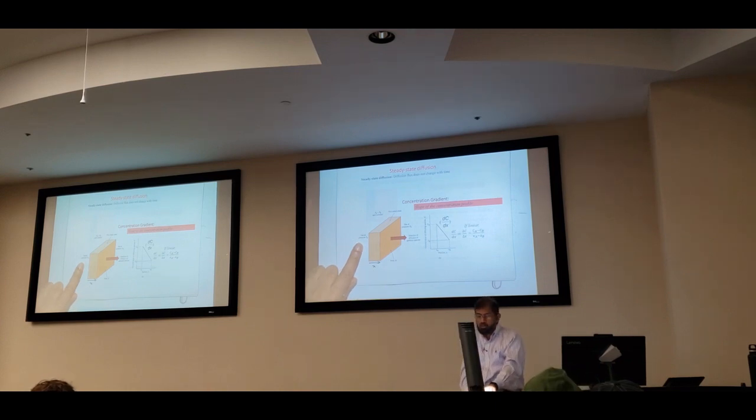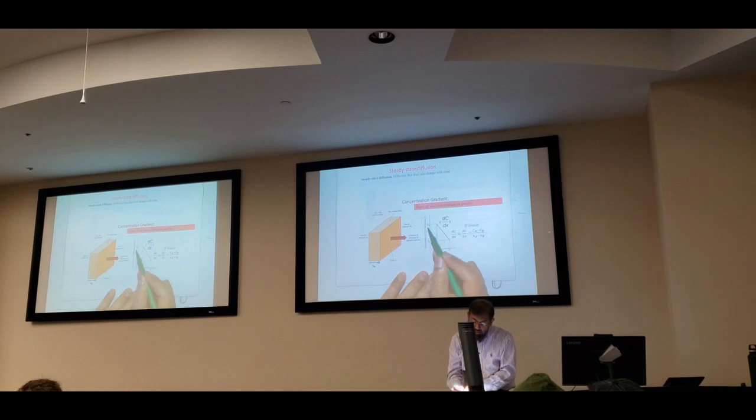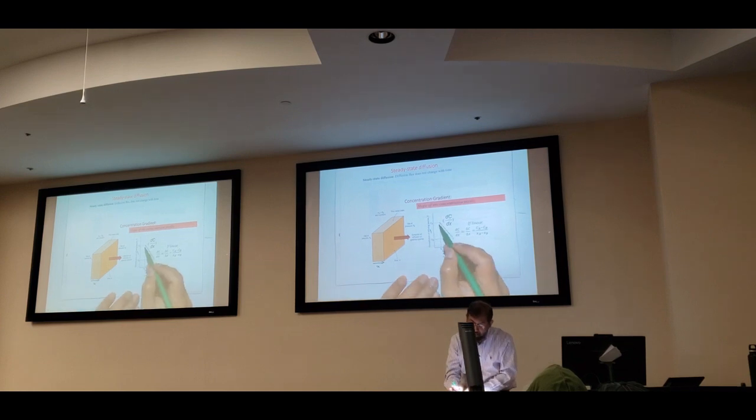The thickness of that diffusing medium, and here you see this is the concentration of the diffusing species and the position X. When you plot the concentration versus the position X, you can get a line like this.